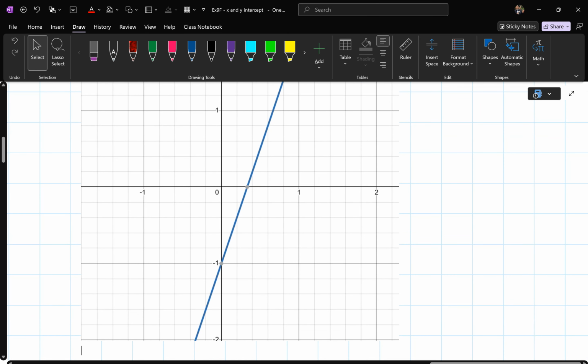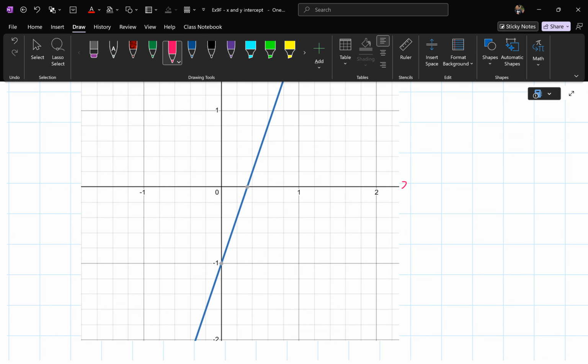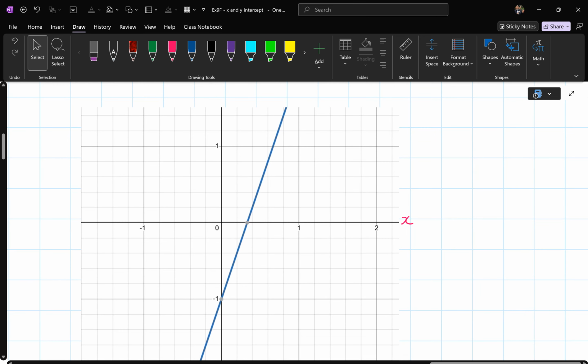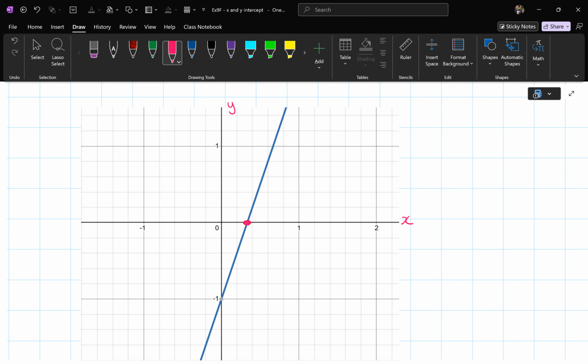That's a straight line, yeah? This is your x-axis, and this is your y-axis. Every straight line you draw always has to cross through an x-axis and a y-axis. True? This is the x-intercept because it sits on the x-axis. So on this x-axis, that straight line has to cross it once.